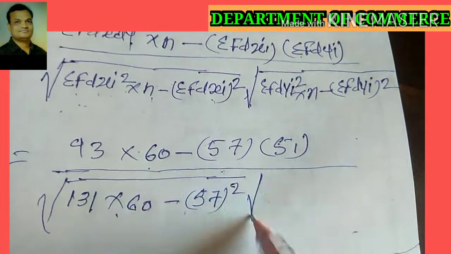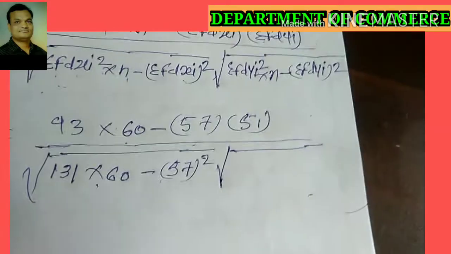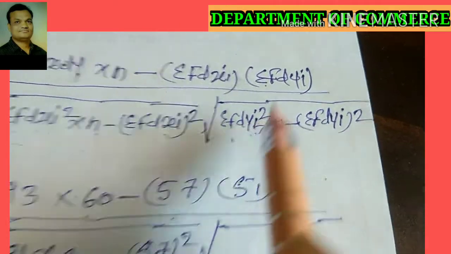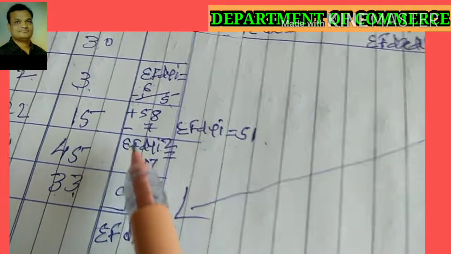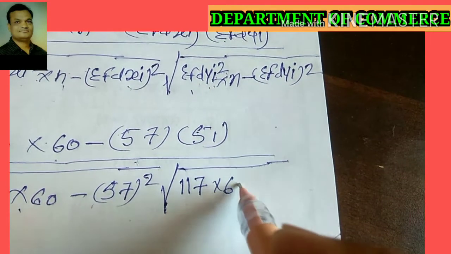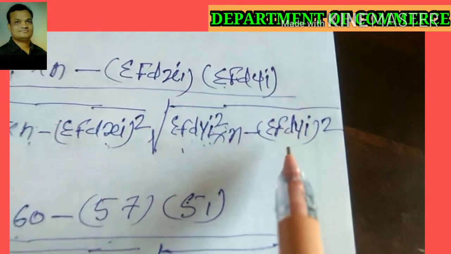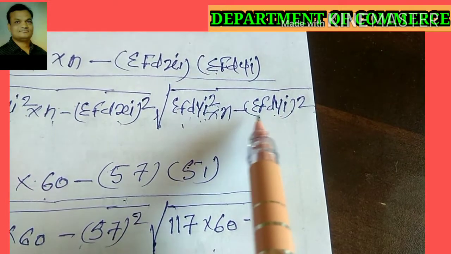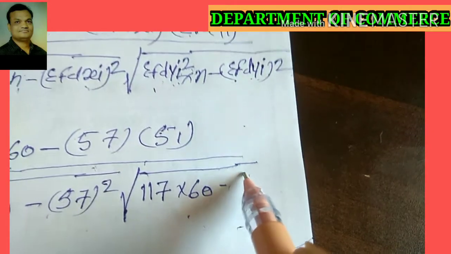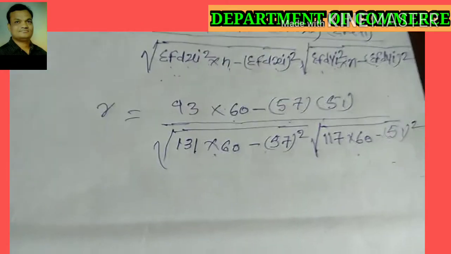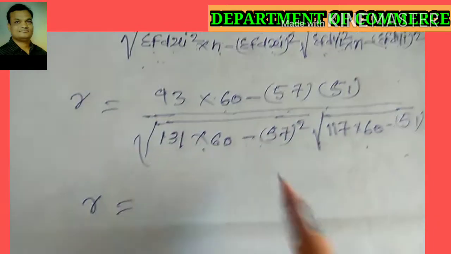In other under root we have to fill the value of sigma f dy I square. So look here, sigma f dy I square is 170. 170 into 60 minus sigma f dy I bracket square. So sigma f dy I value is 51. So write here bracket square.